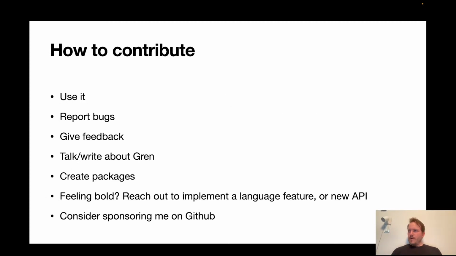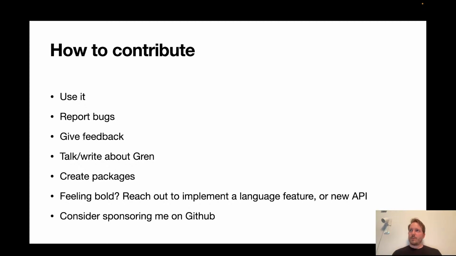So that's what we're working on for the near future, and that's what we've been working on for the past 6 months. I would love for people to check this out and try to use Gren a little bit. If you want to help us create Gren, you could help us out by simply using it, reporting bugs, providing feedback, maybe talking or writing about Gren to other people. Or you could create packages.